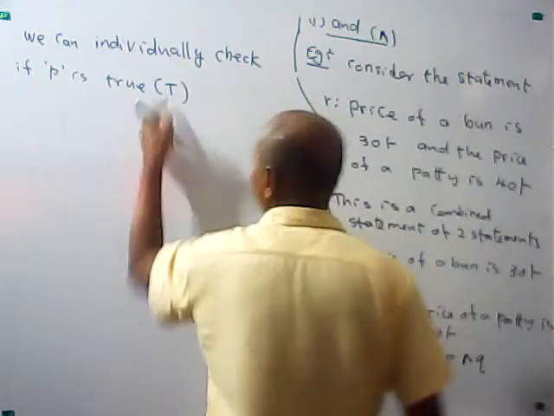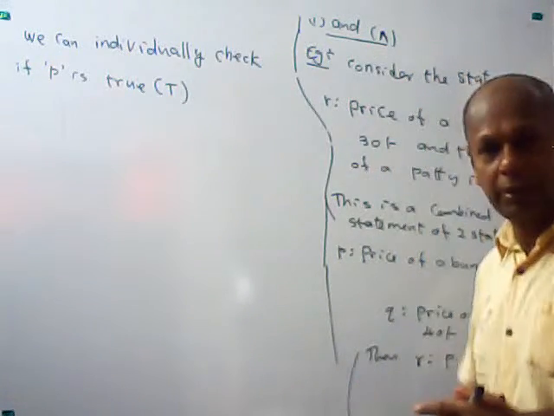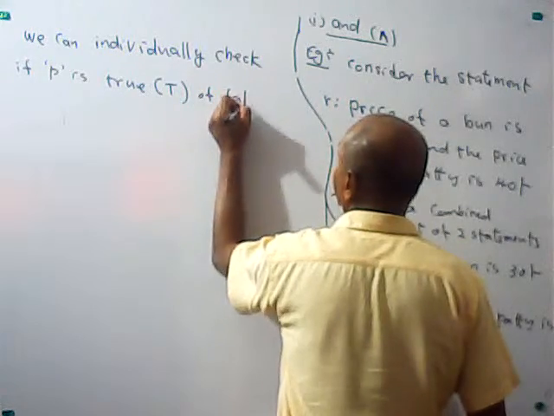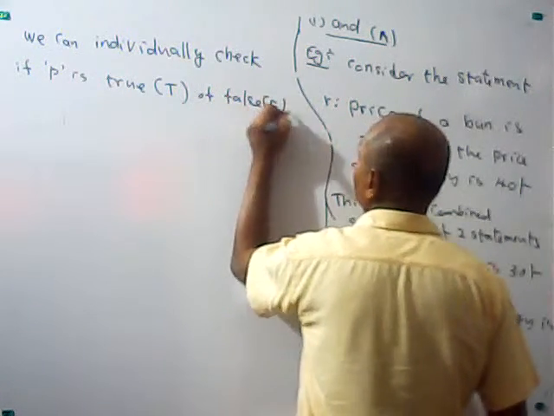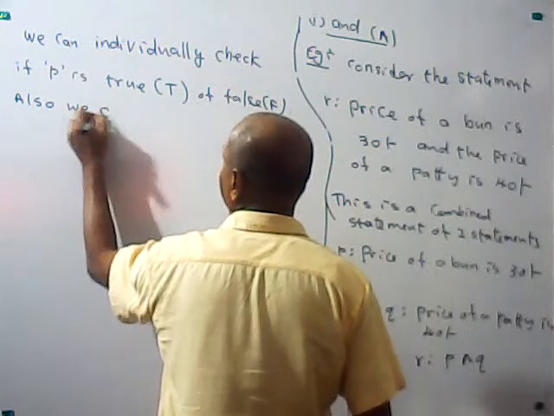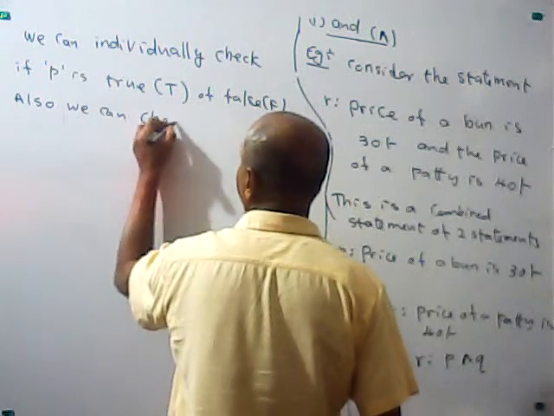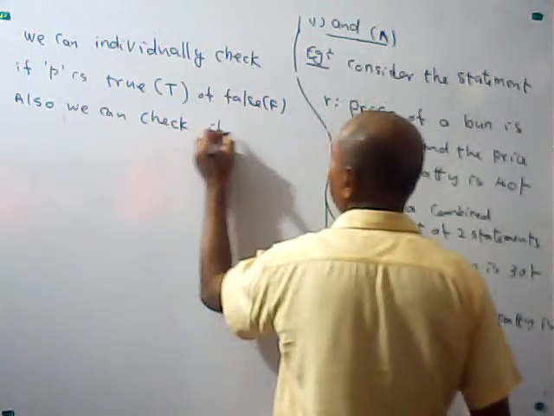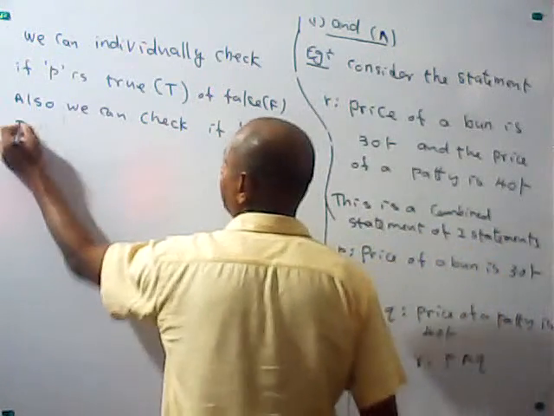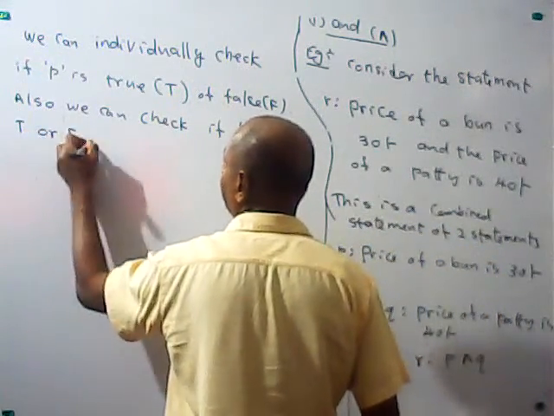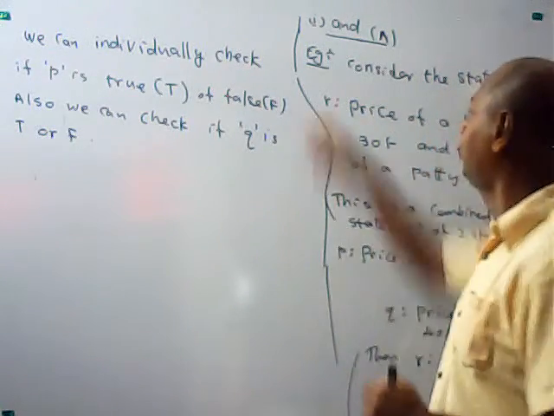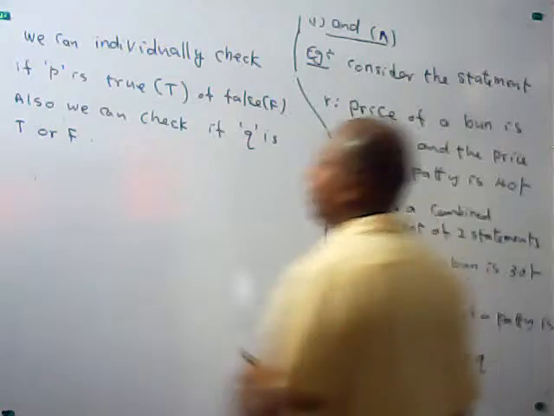True, we just write capital T hereafter, or false. Also we can check if Q is true or false. Based on that, how do we determine if R is true or false?